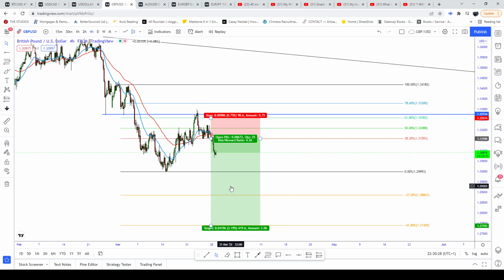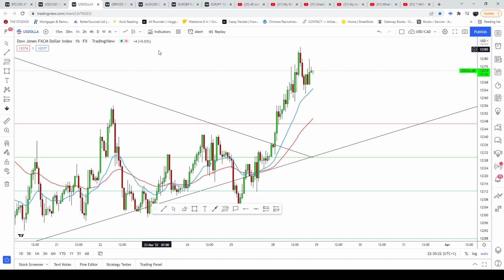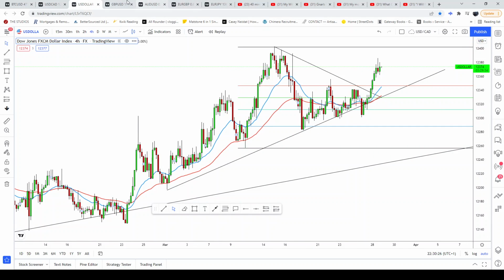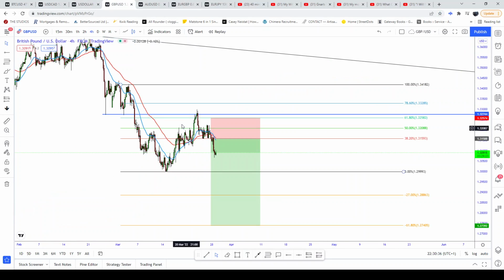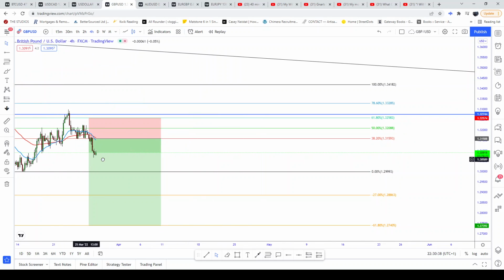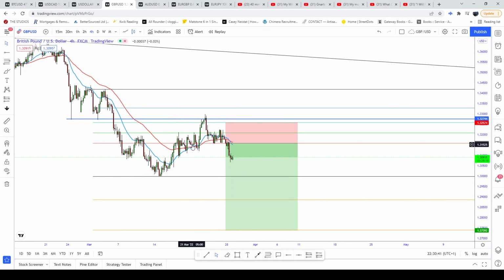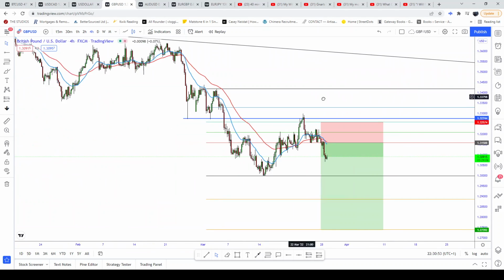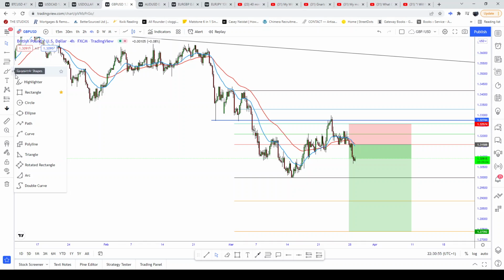With that being said, let me just take you through US dollar, because this is how I knew that GBP USD was going to go down, because last week it quite consolidated over here. So I would imagine that some people would be taking shorts here at this 50% level, thinking okay, this is a strong resistance area.